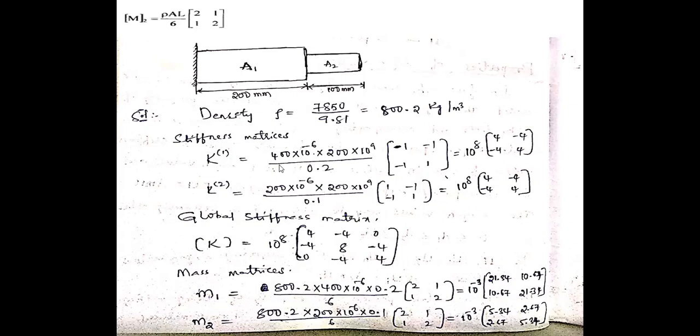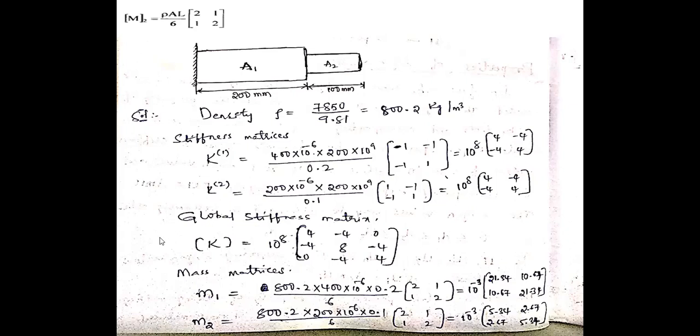Once you get K1 and K2, then you have to combine K1 and K2 to get the global stiffness matrix. Here I have straight away written the result of the assembling method, because we already discussed elaborately in the previous four units how to get the global stiffness matrix once you know each individual element stiffness matrix.